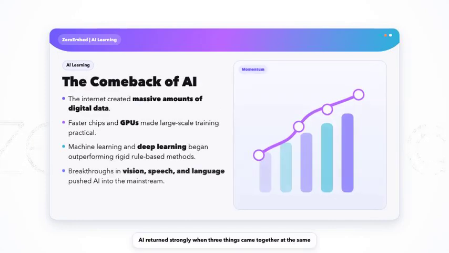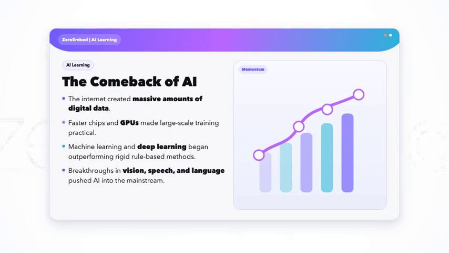AI returned strongly when three things came together at the same time. First, the world started producing huge amounts of digital data. Second, computing power improved dramatically, especially with graphics processors that could train large neural networks. Third, the field shifted from manually writing every rule towards systems that could learn statistical patterns from examples.